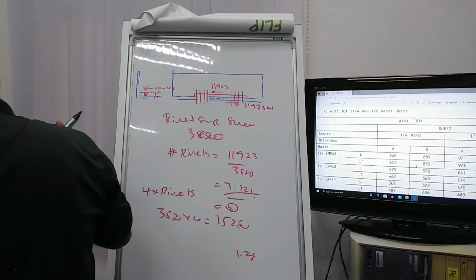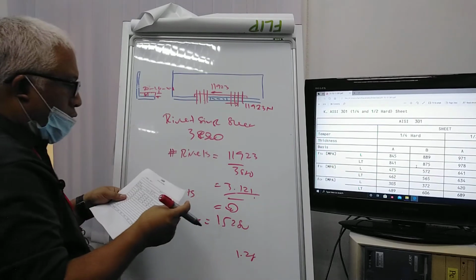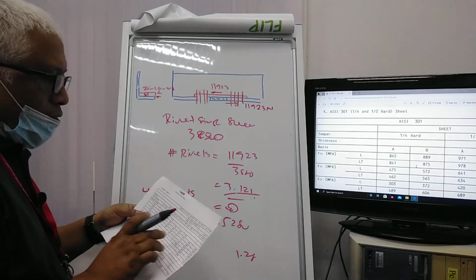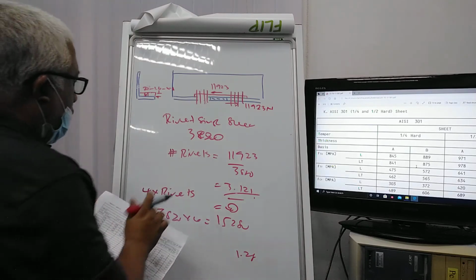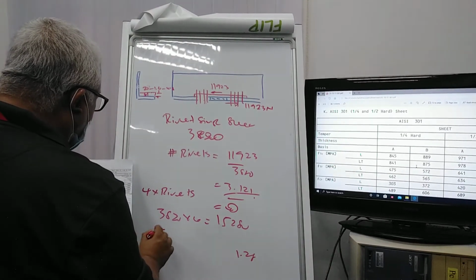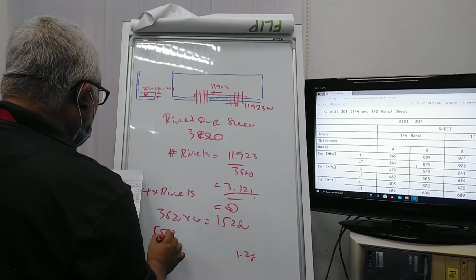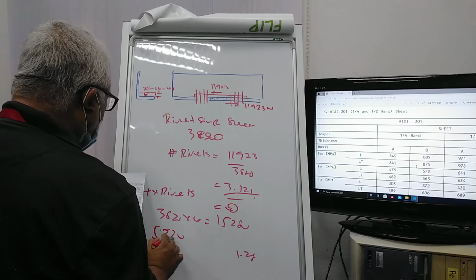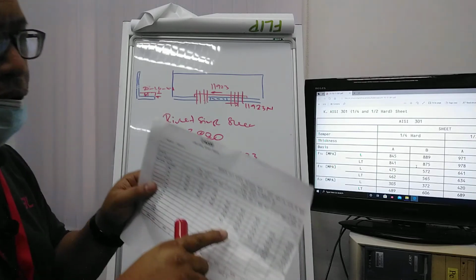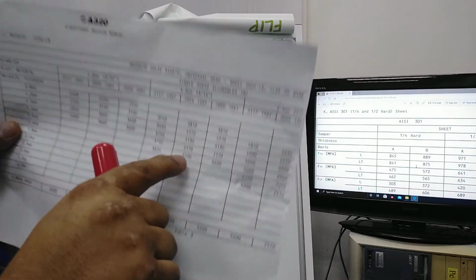If you want, you can go to the DD rivet, which is a stronger rivet at 5220 Newton. So for the DD rivets, the strength is 5220.